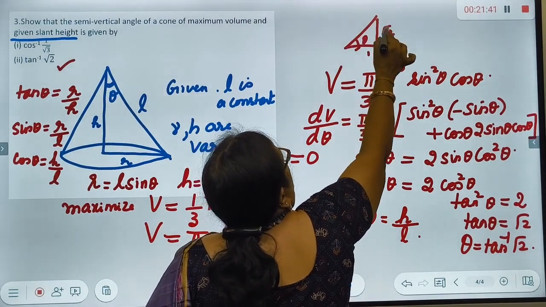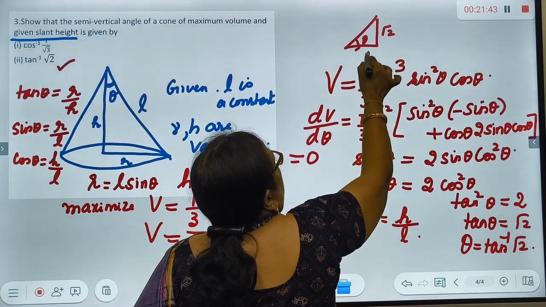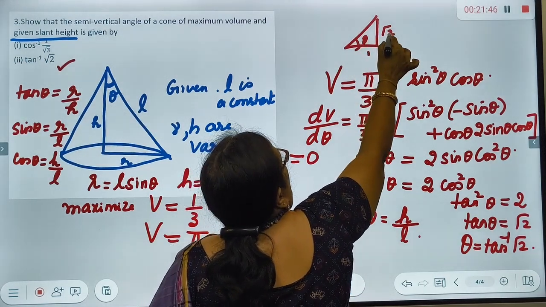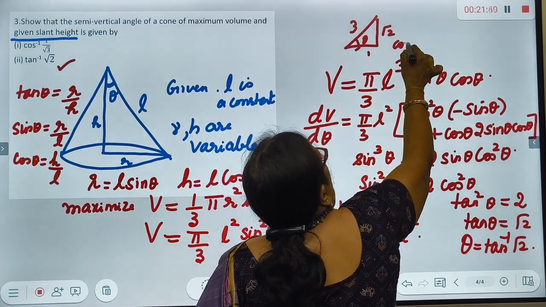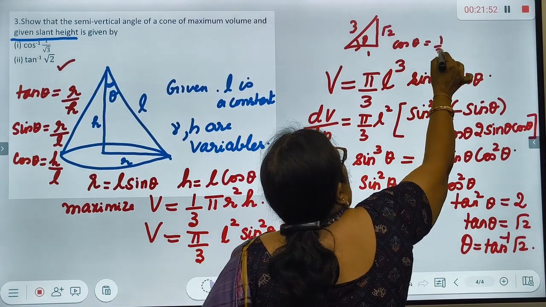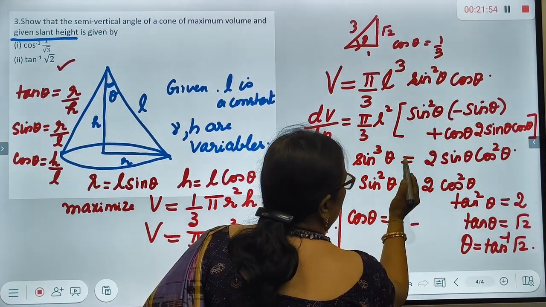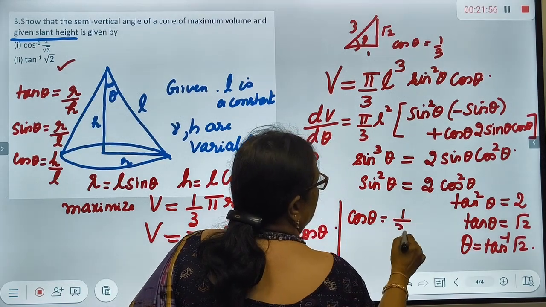So you have to find this. Root 2 square is 2, 2 plus 1, 3. So cos theta will be 1 by root 3.